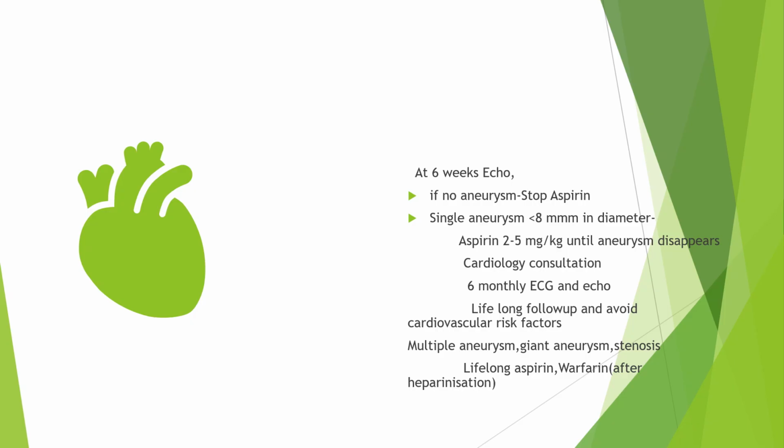At the 6 weeks echo, we are watching for coronary aneurysms. If everything is normal, with no aneurysm, you can stop aspirin. And if any single aneurysm is there, and it is less than 8 mm in diameter, continue aspirin 2 to 5 mg per kg once daily until the aneurysm disappears.